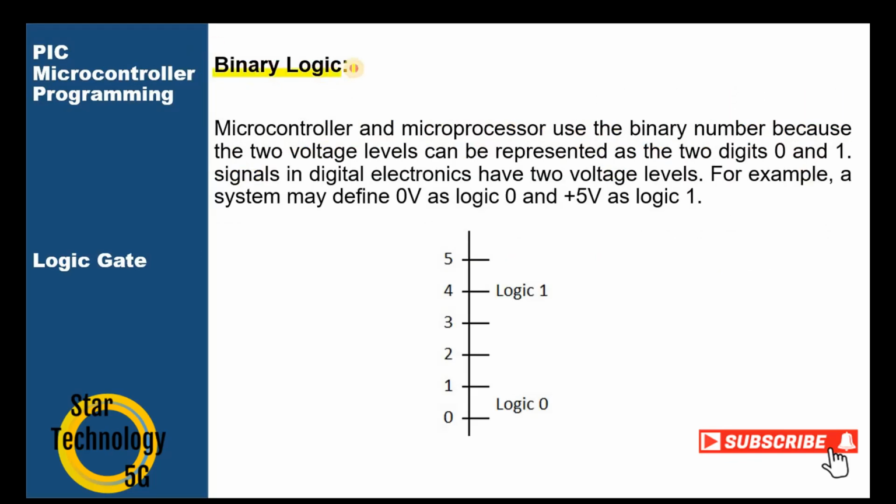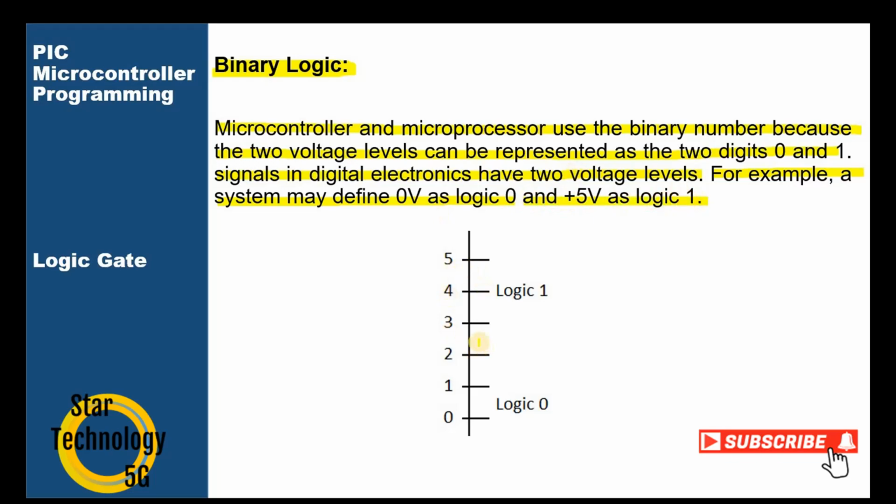Binary logic. Microcontrollers and microprocessors use binary numbers because the two voltage levels can represent two digits, 0 and 1. Signals in digital electronics have two voltage levels. For example, a system may define 0 volt as logic 0 and 5 volt as logic 1.